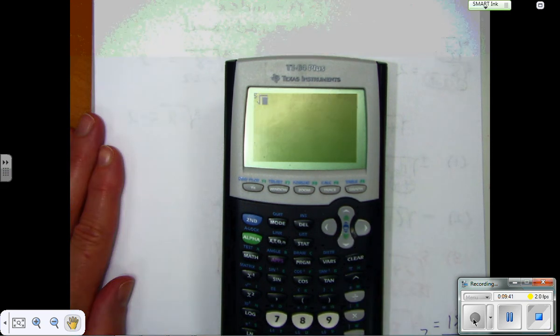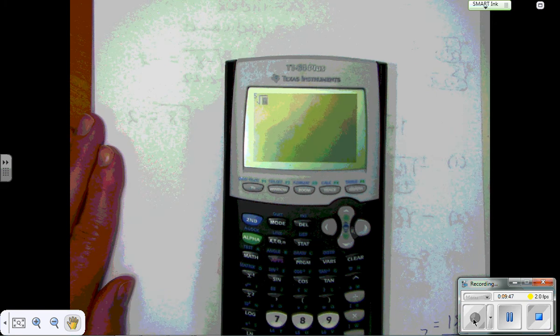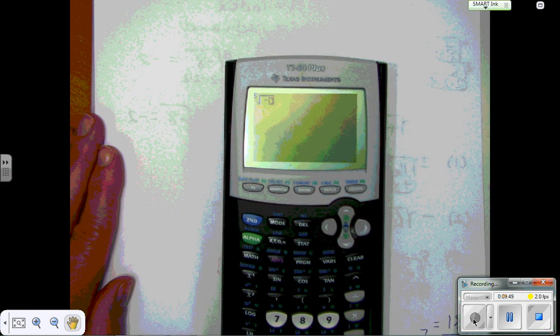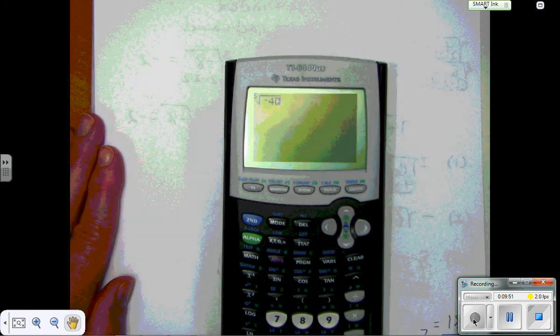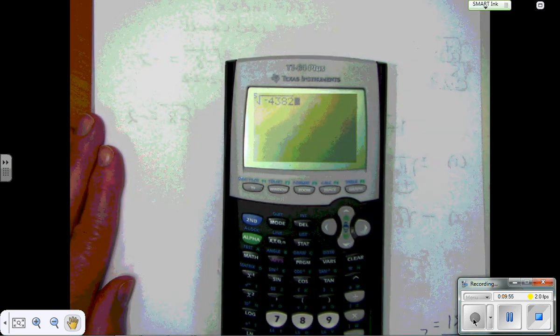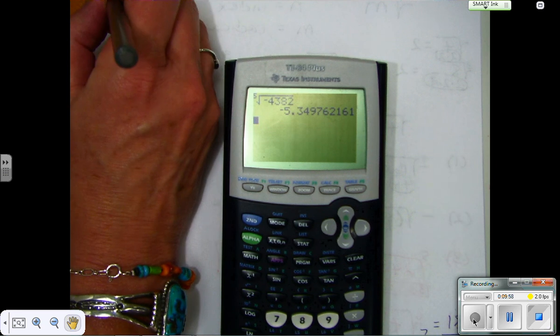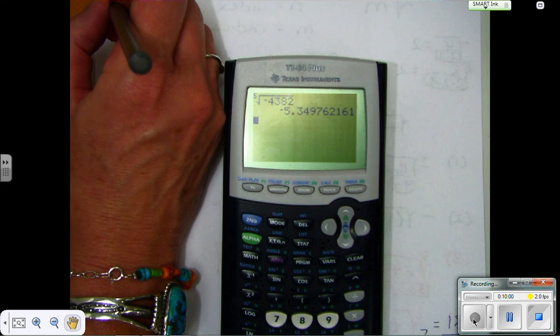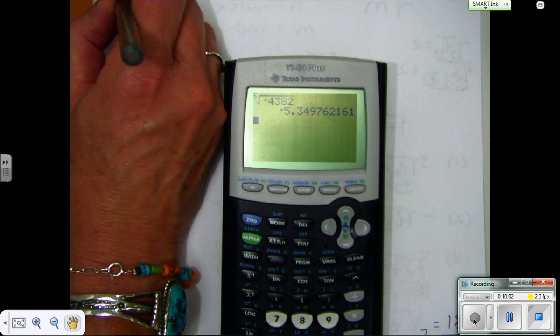And I'm going to type the number in, so I have to use the negative down at the bottom, since it's a negative number, not your minus sign, 4382. I'm going to arrow over to get out of the root and enter, and my answer is negative 5.350, since I'm going to round to the third decimal place.